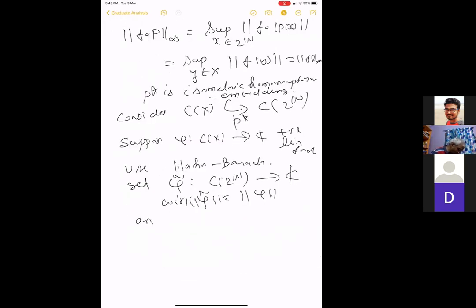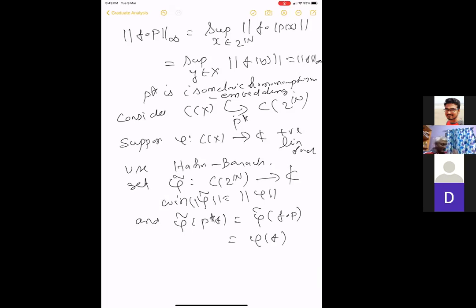And phi tilde acting on P star of F, which is the same as phi tilde acting on F of P, is the same as phi of F, because that's how we are defining it.